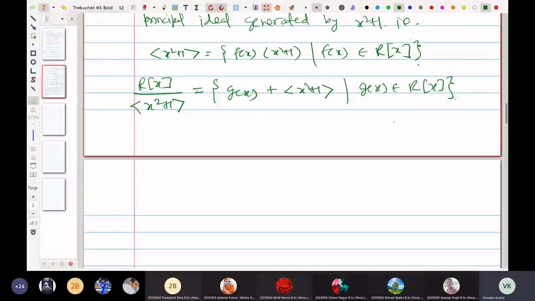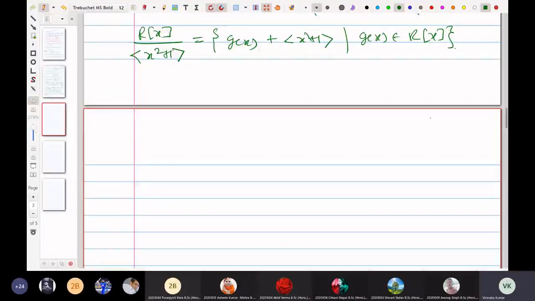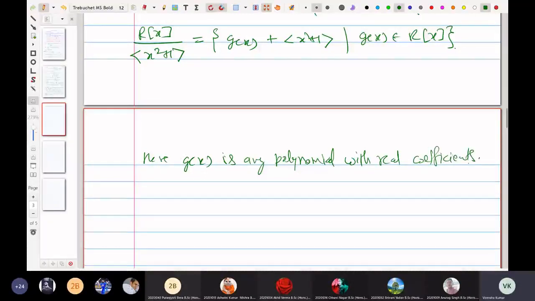Okay, so this is the structure. The question is how we can reduce it, where g(x) is any polynomial with real coefficients. In a similar way, we can divide this g(x) by x square plus 1.